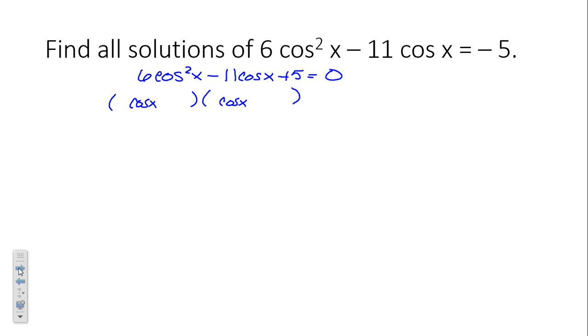So try 3 and 2. If we have a 3 and a 2, the only way to get 5 is 5 and 1, right? So if we put the 5 here and the 1 here, 3 and 10 isn't going to get me 11. If I put the 5 here and the 1 here, 2 and 15 isn't going to get me 11 either. So 3 and 2 didn't work.